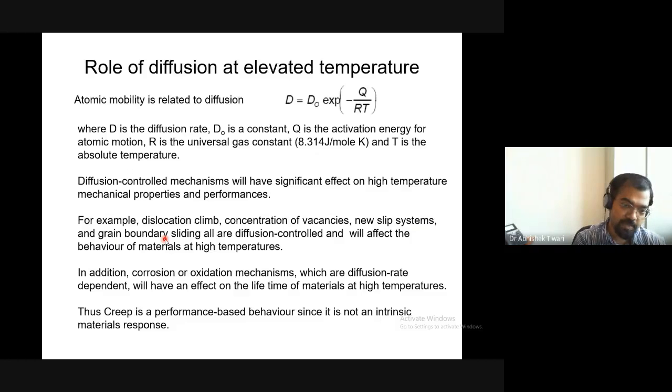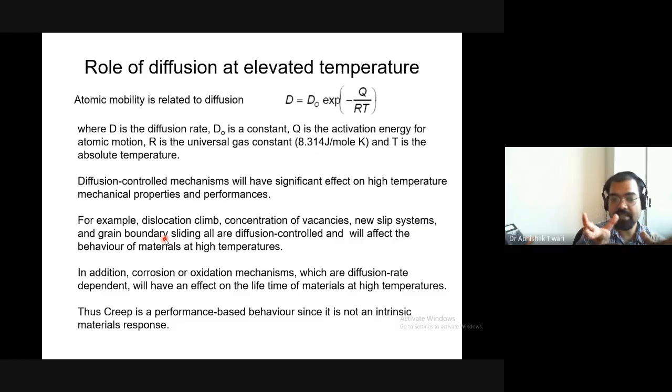If you increase the temperature, what happens is that this grain boundary acts like a liquid, because the atoms are now moving with an even higher velocity. So then these two grains, which were actually in constraint at lower temperatures, at higher temperature they can move.